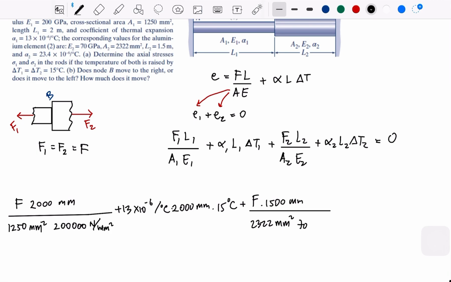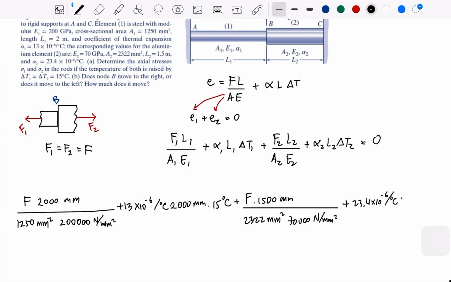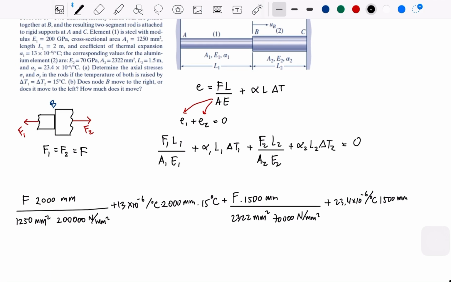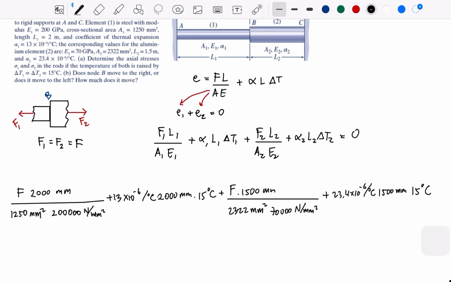E2 is 70 GPa, and I will write in terms of MPa, plus the alpha 2, and 15 degrees Celsius. It's equal to 0.